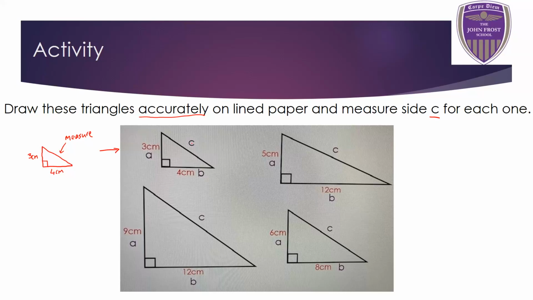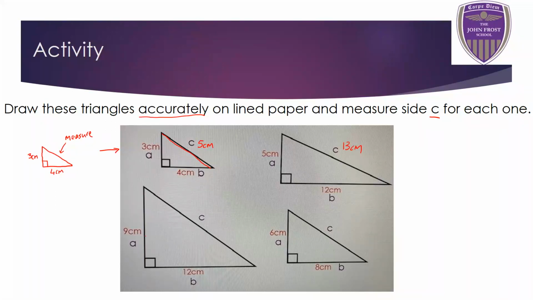Welcome back then. Just to point out at this stage, this side here on this triangle, you should have measured as 5 centimeters. If we go to this triangle here, we've got 5 centimeters and the base 12 centimeters. This one here measures 13 centimeters.